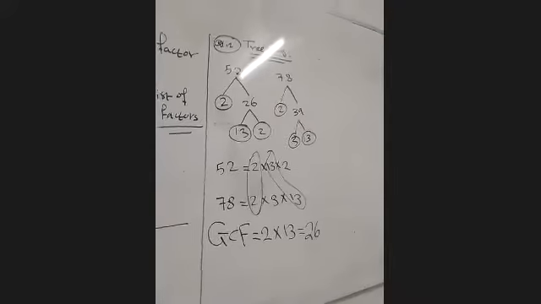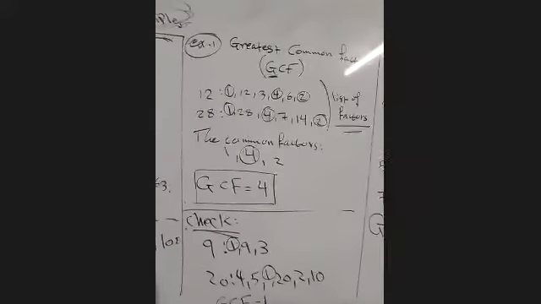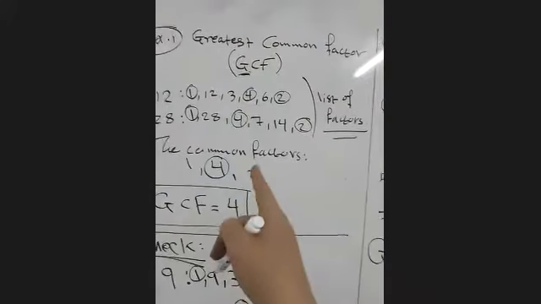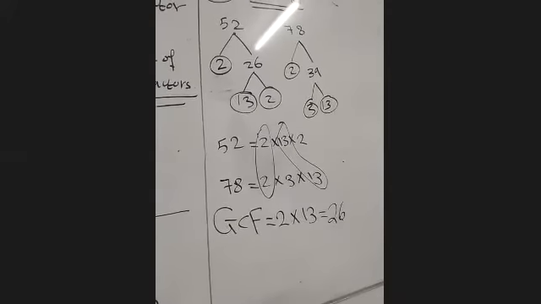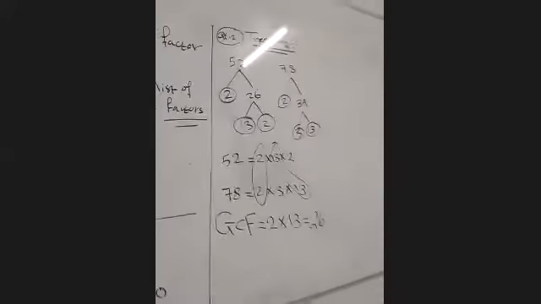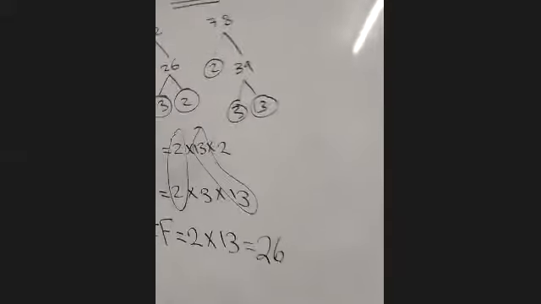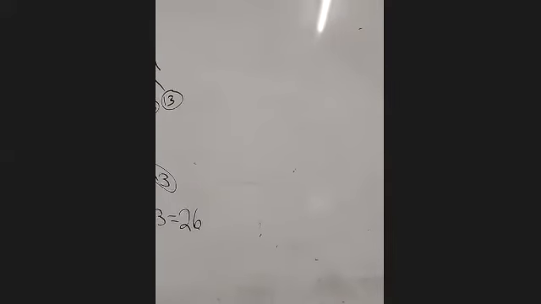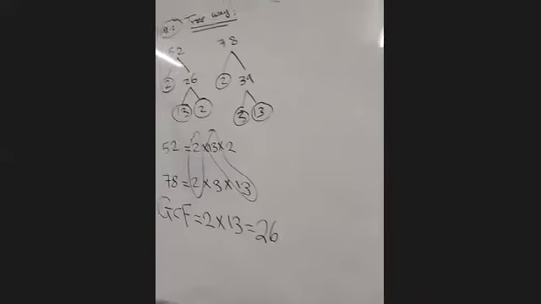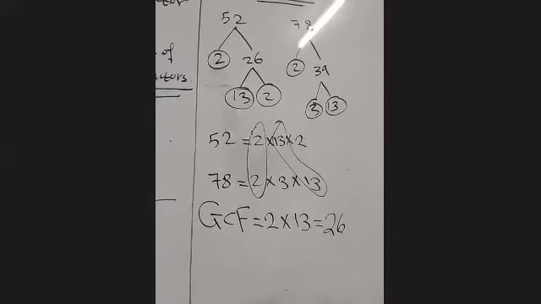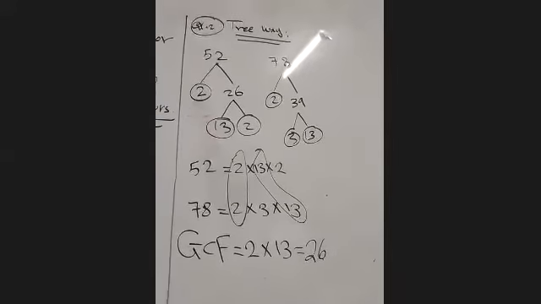Now you have two ways of finding the greatest common factor: the tree way and the list of factors. But what will you choose? What you like. Okay? But Mr., the tree is different from using the list of factors. Yes, they are different, but they gave the same answers both ways.